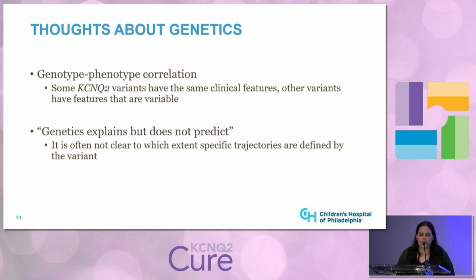So some general thoughts about genetics. There are some genotype-phenotype correlations, meaning a relationship between a given genetic change and the symptoms that we may see in multiple children with that change. But the other variants have more features that are variable. The way that we think about a genetic diagnosis is that it explains the symptoms that we see in that child, but it does not necessarily predict.